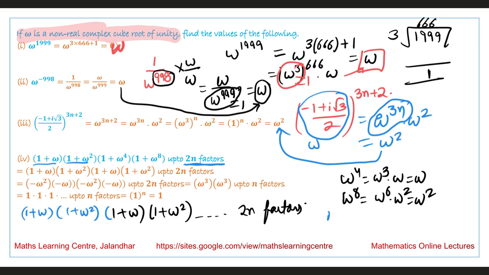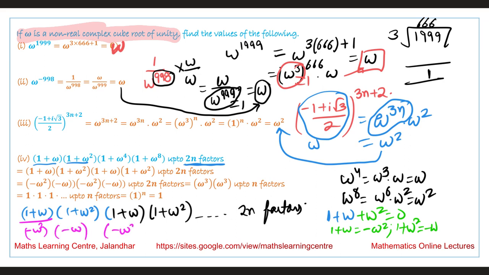Now what is the value of 1 plus omega? We have 1 plus omega plus omega square equal to 0. So 1 plus omega is minus omega square, and 1 plus omega square is minus omega. So what we are getting is minus omega square, minus omega, minus omega square, minus omega, and so on up to 2n factors. How many times is the term minus omega square there?